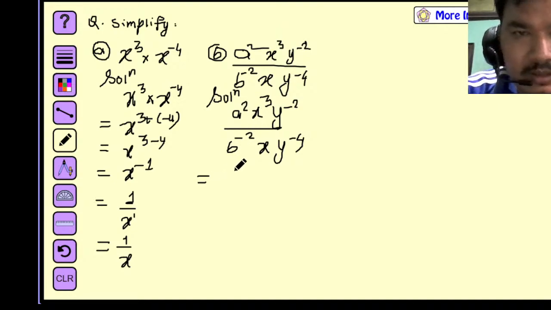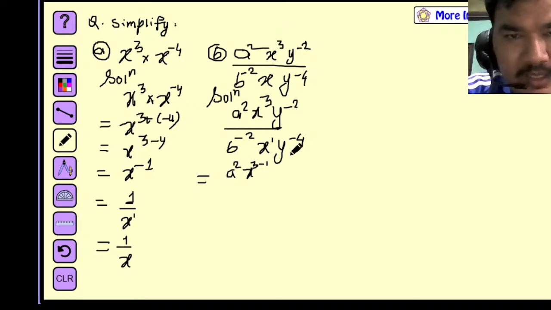Here term 1 has a square only and x power 3, and down is 1 only. Then when it goes up, it will be minus. Here is 1, that's why when it goes up, minus 1. And minus 2 is bigger than minus 4, that's why when it goes up, this minus 4 changes into a plus 4, because minus minus is plus.